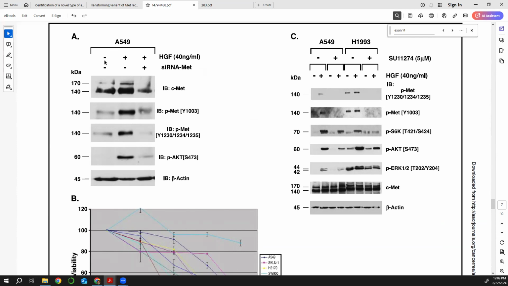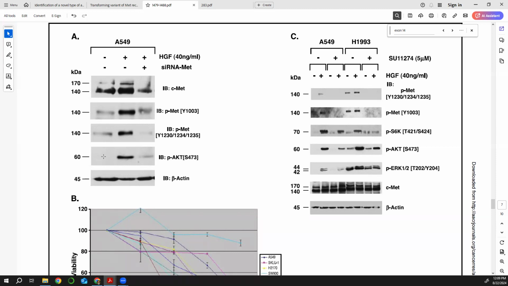Okay, so when neither hepatocyte growth factor nor siRNA is added to the cell line, so this is looking just at the cell line, your c-MET is expressed, and we know that it was expressed in A549 cells from before. There's probably some non-specific labeling of phospho-MET here, for reasons I explained before.